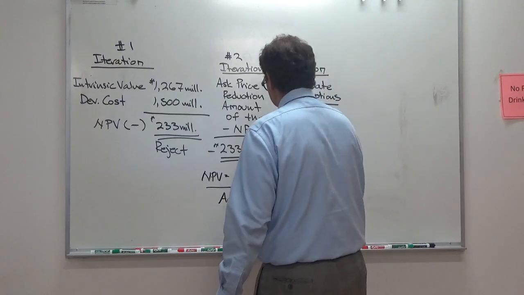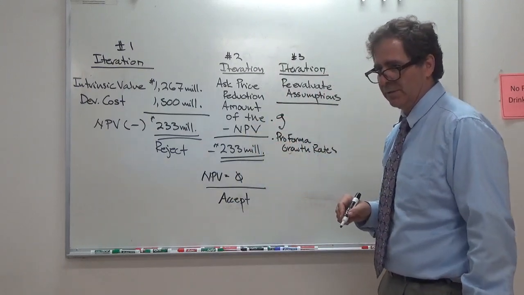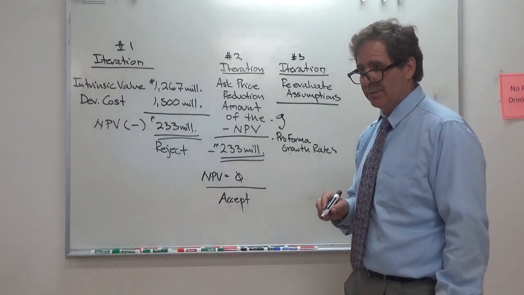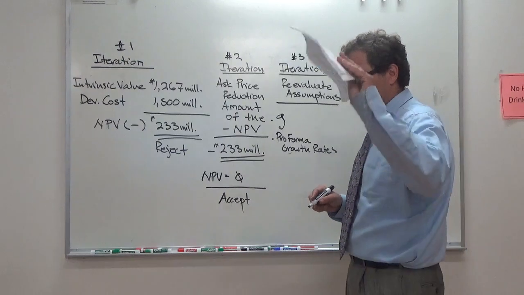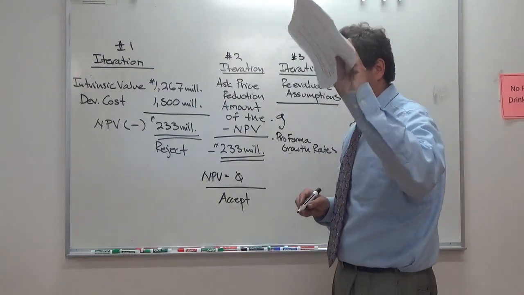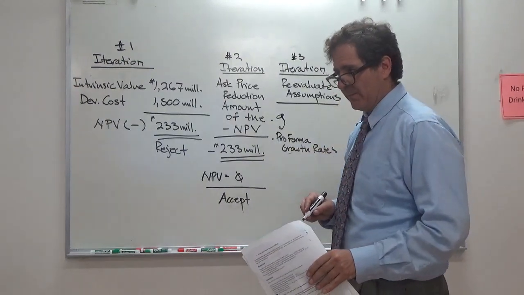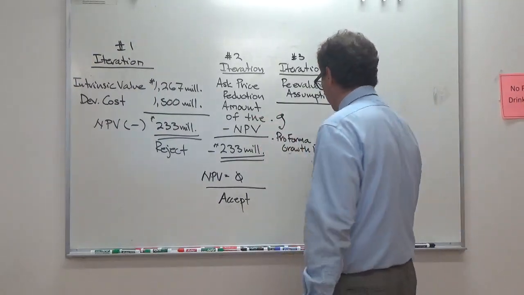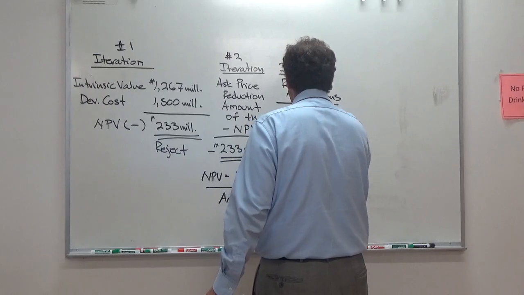Got it. What else? What other growth rates would I look at? Development costs. I'm going to stick to the growth rates. Expected rate of return, let's not do that yet. What are the growth rates? Terminal growth rate. Yeah, the terminal, and what else?